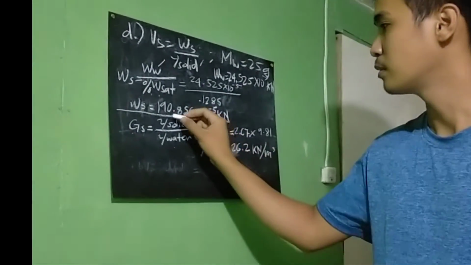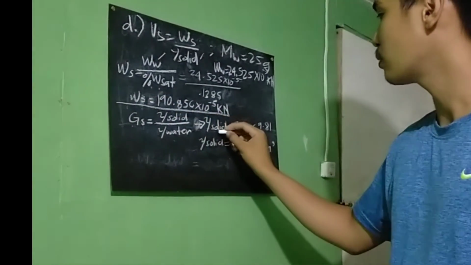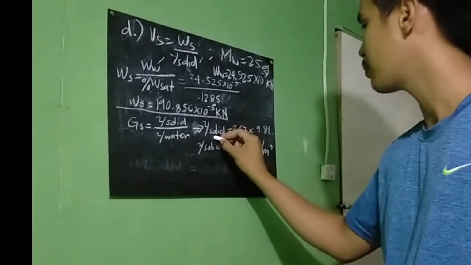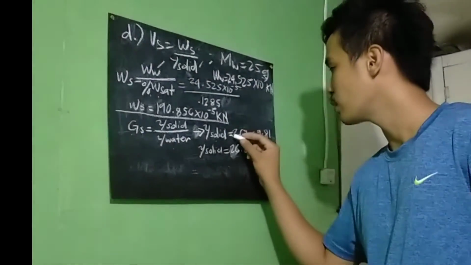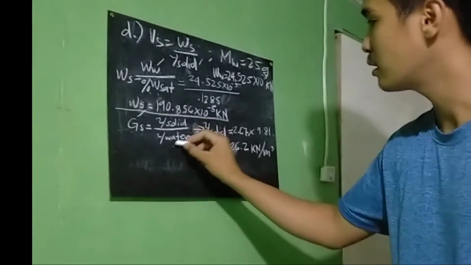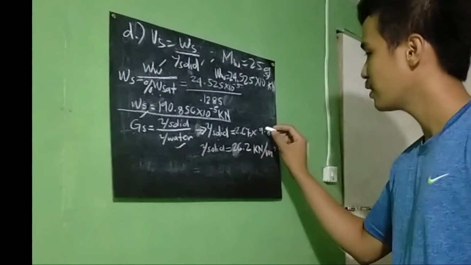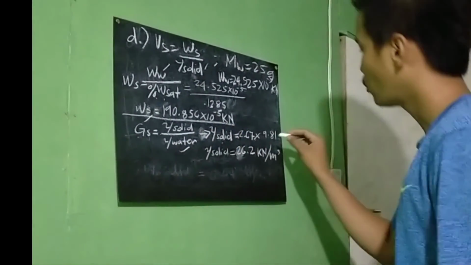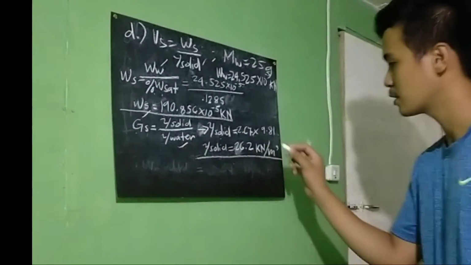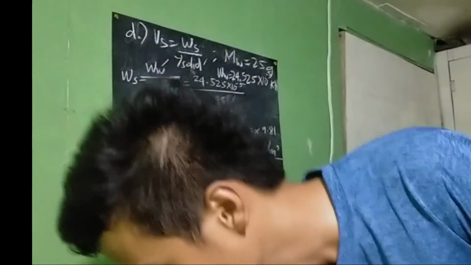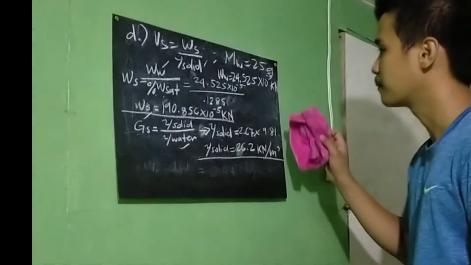So the solid unit weight is equal to the given 2.67 times 9.81, the water unit weight. The result is 26.2 kilonewton per cubic meter.